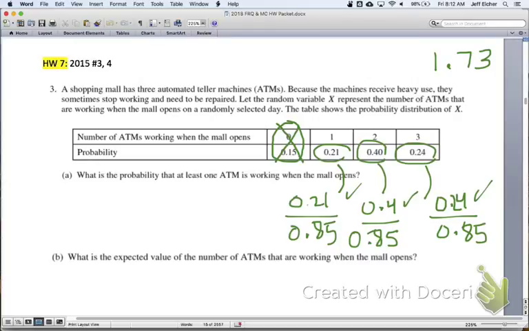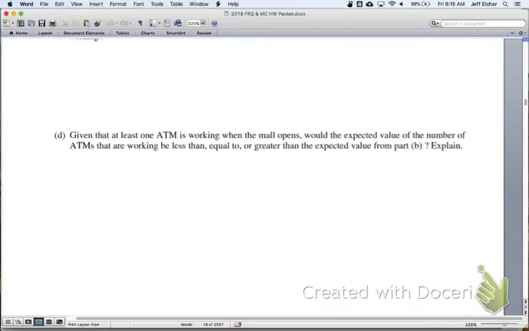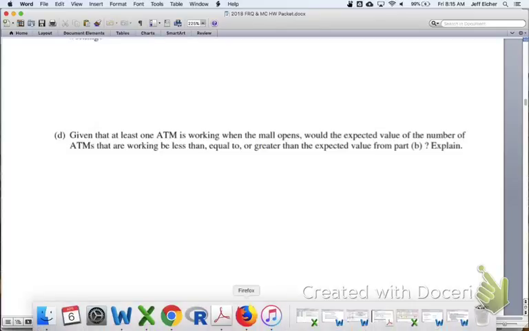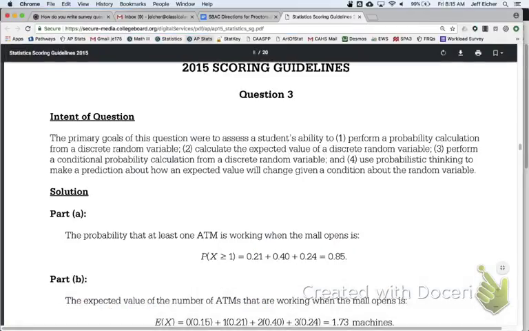You weren't required to calculate the new expected value, but you could have. But to get an E on this question, on D, you would have to say that it is greater than the expected value and give some kind of rationale to justify your work.